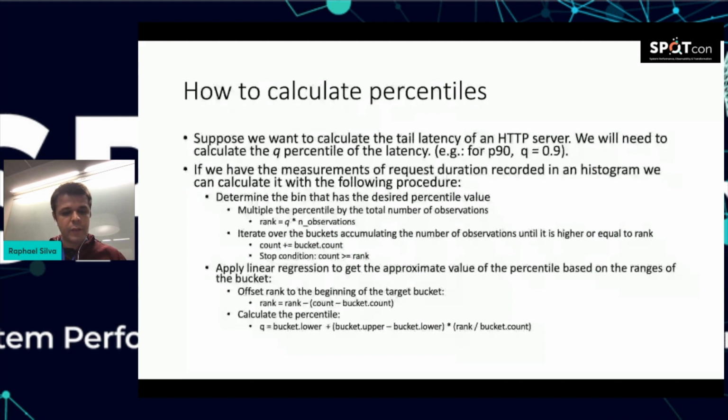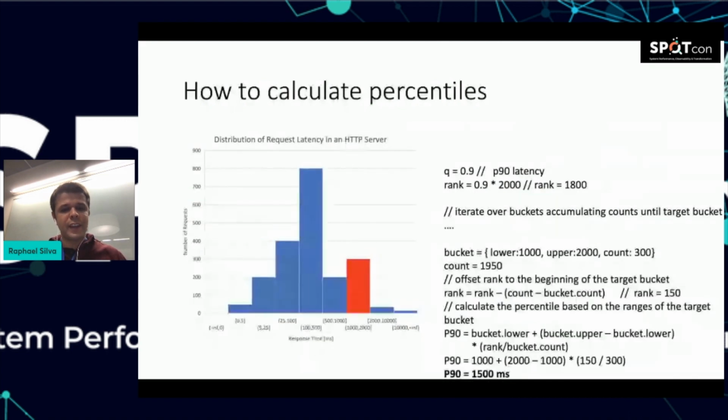So here we have the formula for calculating the linear regression. It's a simple linear regression using the line curve equation. So here we have a visual representation of the algorithm that we just talked about. As I mentioned, we are going to iterate over the buckets.